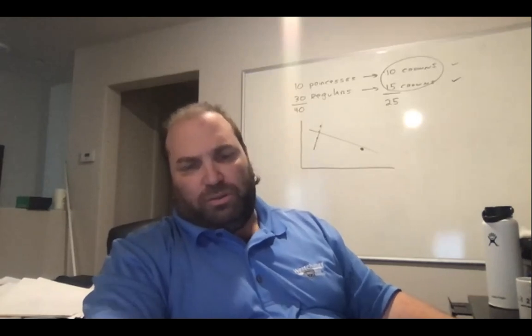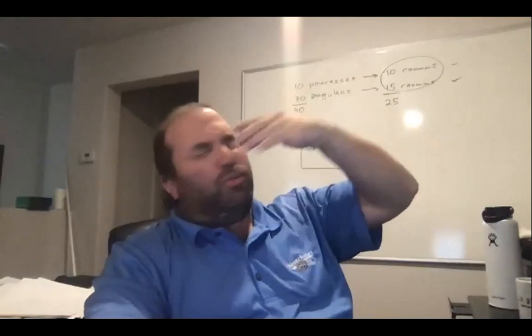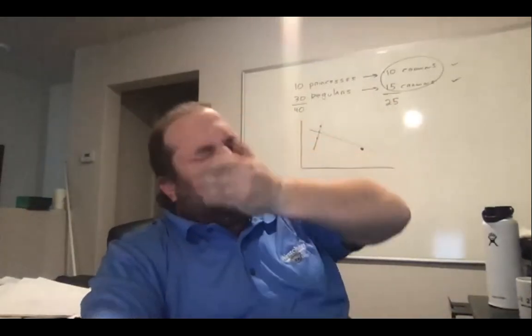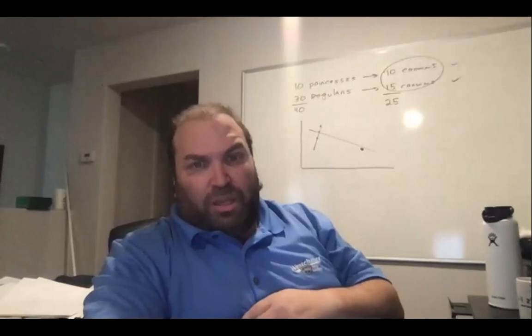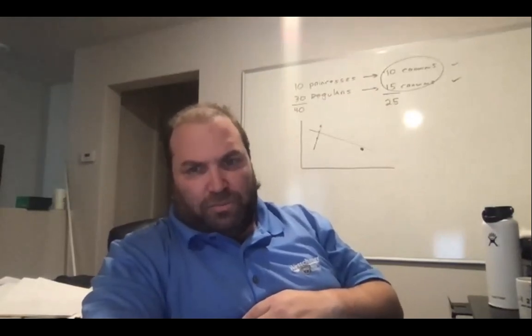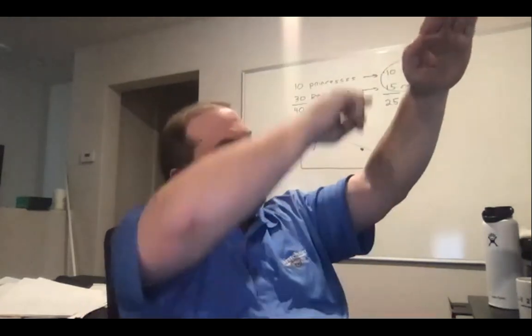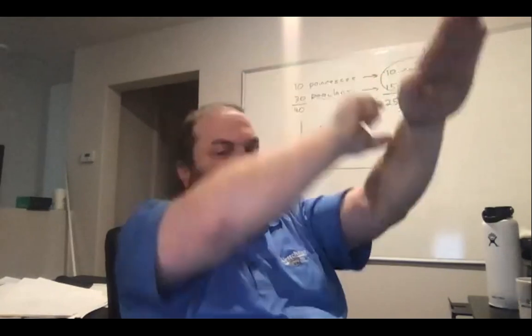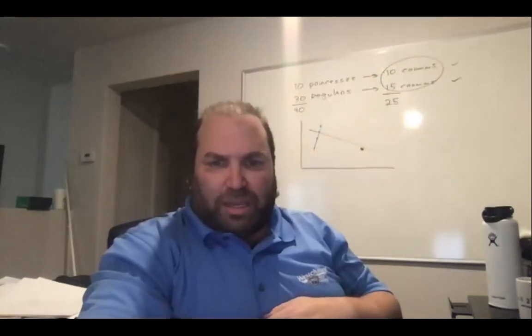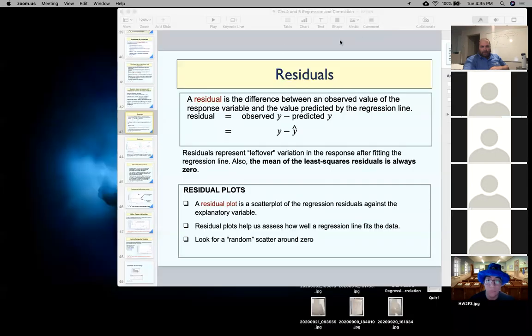The residual. I already mentioned residuals in terms of the least squares best fit line. A residual is the difference between an observed value and the value that's predicted by the regression line. So if you have the line here, the dot above it, I'll just quickly annotate again.